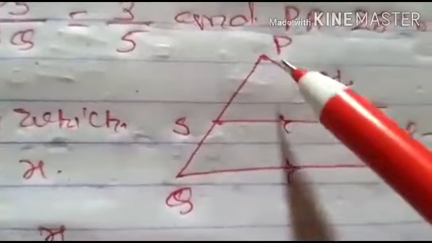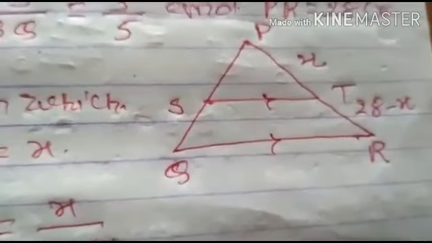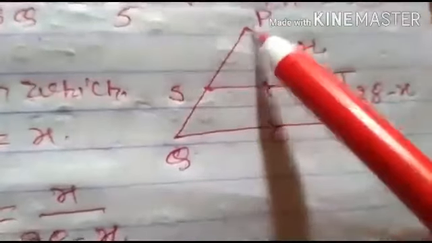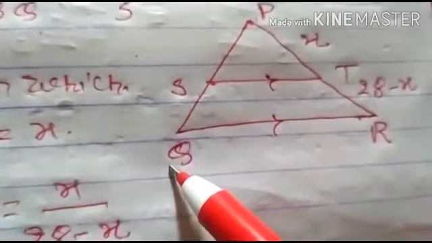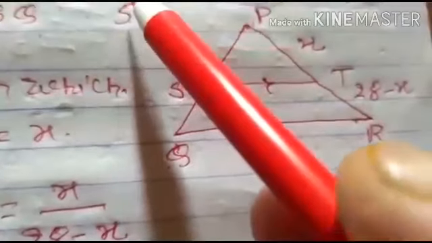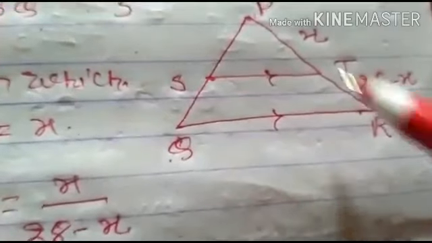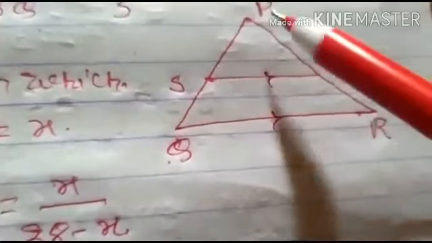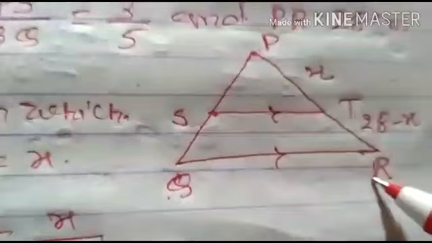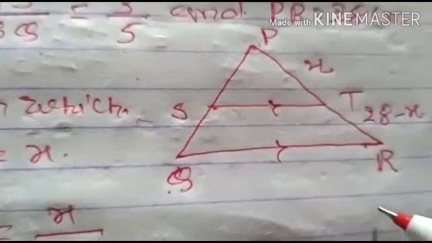So let's draw a rough sketch of the figure. Let PQR be the required triangle in which PS by SQ is given as 3 by 5. And now the total length of PR is also given, that is 28 centimeter.